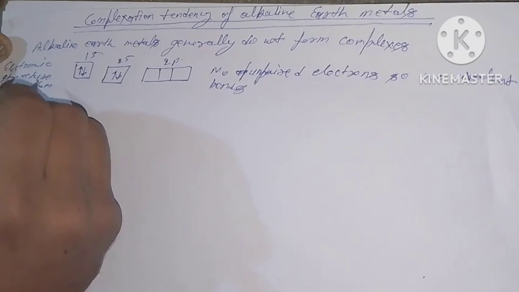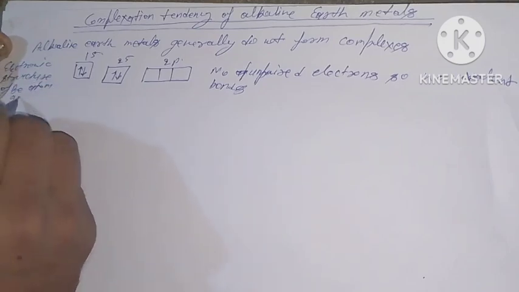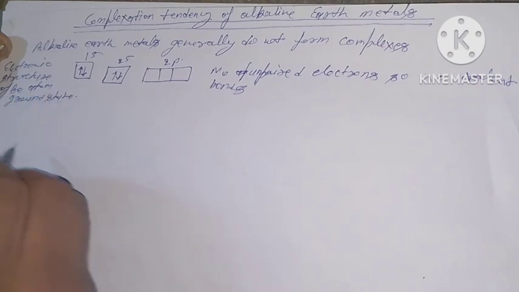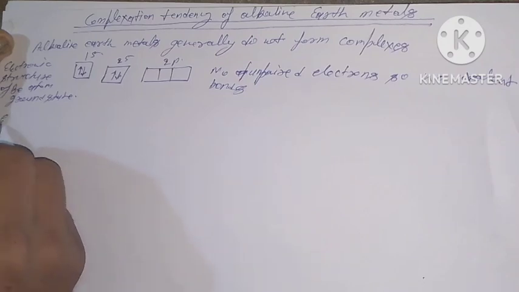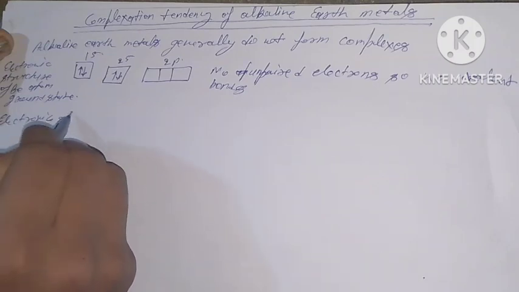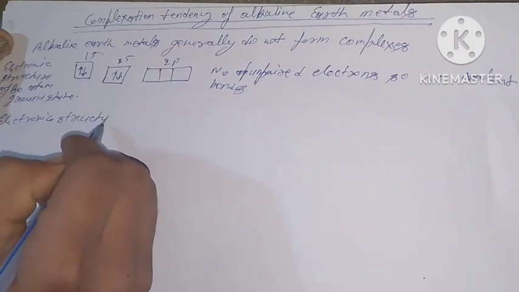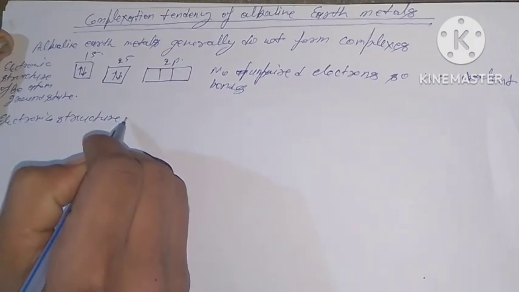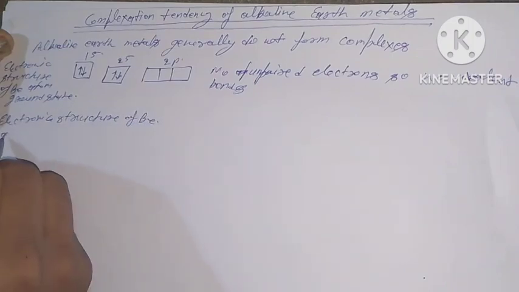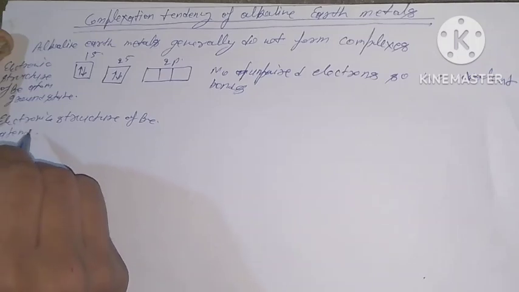Electronic structure of a beryllium atom, ground state. Electronic structure of beryllium atom, excited state.